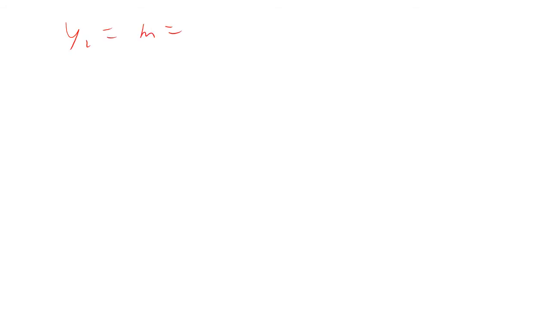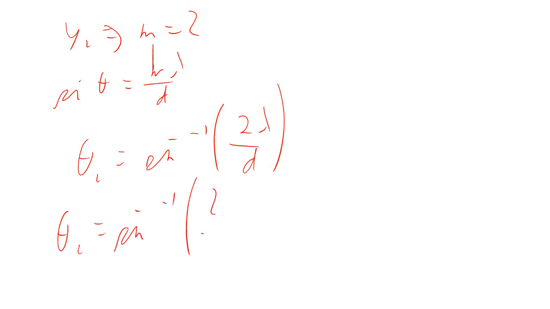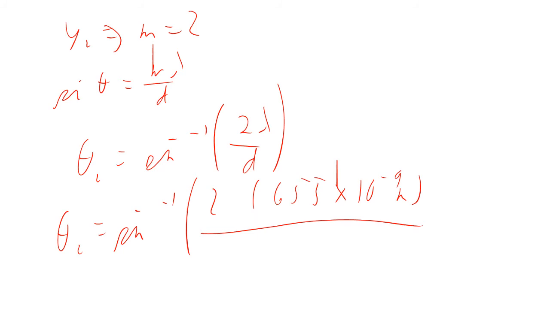That's going to be when m equals 2. So now sine theta equals m lambda over d. So theta 2 is going to be the inverse sine of 2 lambda over d. So that's 2 times lambda, which was 655 nanometers, divided by d, 2.85 micrometers.